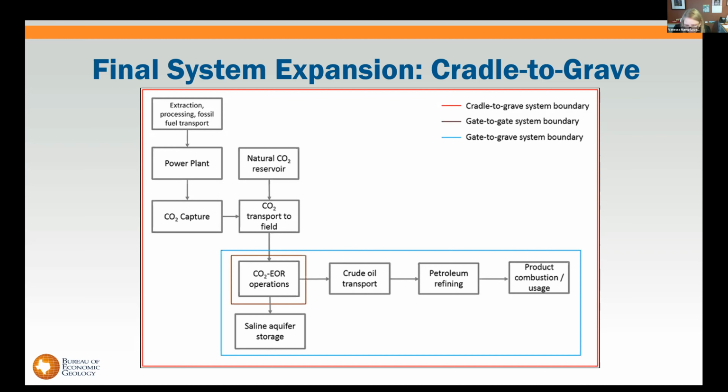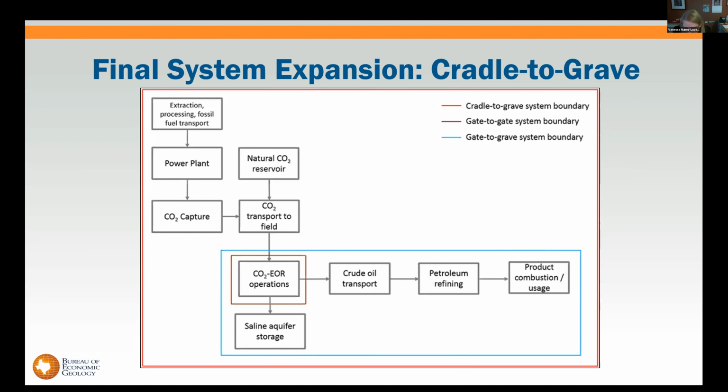So I wanted to talk about a complexity of expanding the system and having a cradle-to-grave system, because the product upstream of the CO2 site is electricity and not oil. Most of the LCAs you see don't use oil as the functional unit.